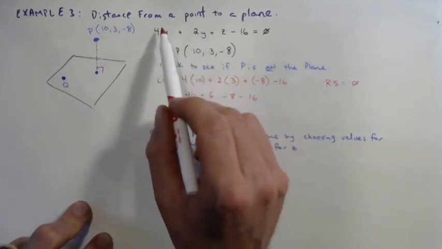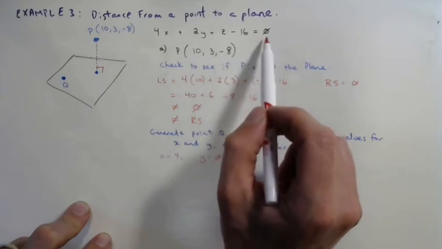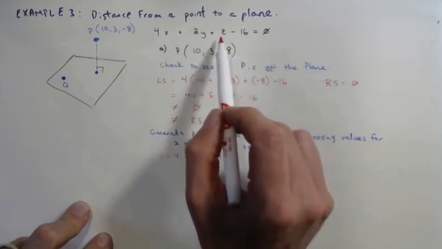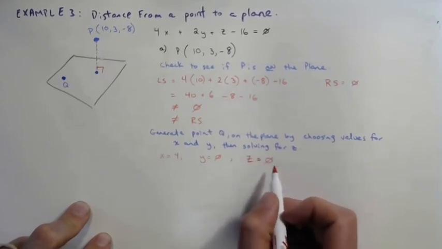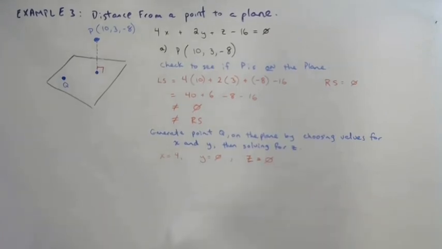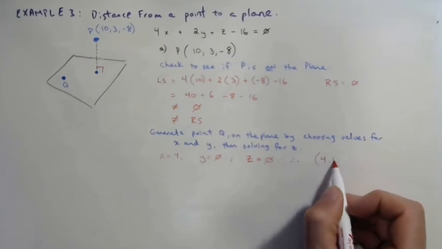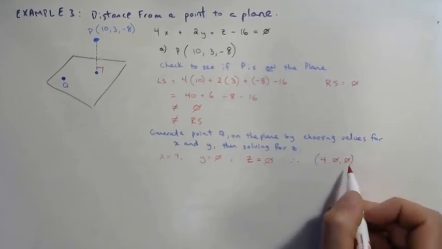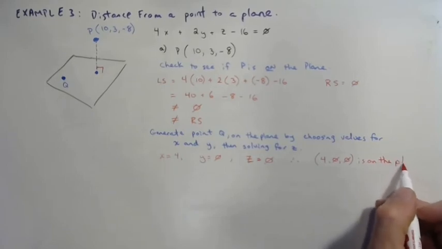That's going to give us 16 plus z minus 16 equals 0. 16 minus 16 is 0. It's going to give us z equals 0, okay? I know I just did it orally. You might have to do it on a piece of paper, but I just wanted to get past that point. So this tells us that (4, 0, 0) is on the plane.